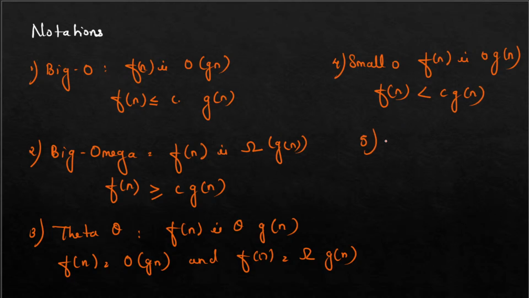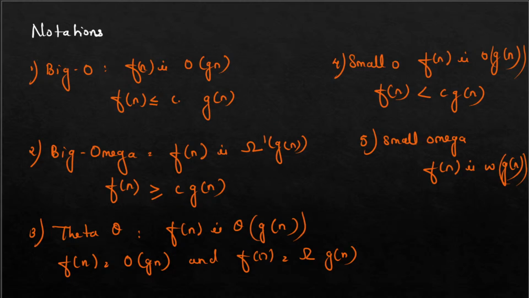Same for small omega, where it is strictly smaller. f of n is small omega of g of n, meaning f of n is strictly greater than g of n.